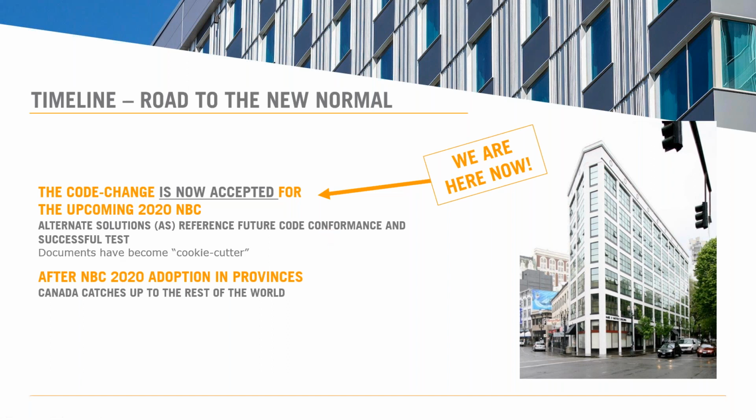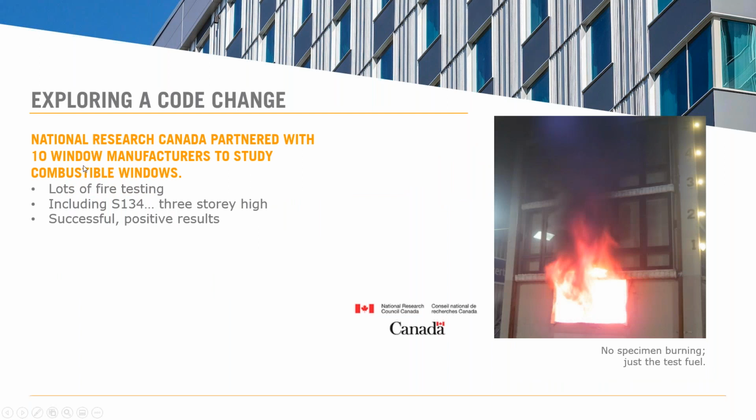And I'll tell you a little bit here about how that happened. But basically, it's going to be incorporated shortly in the 2020 NBC. And then, as different jurisdictions adopt those changes, we'll see that being adopted in the next year or so. So what we did was 10 window manufacturers got together to do this S134 fire test.